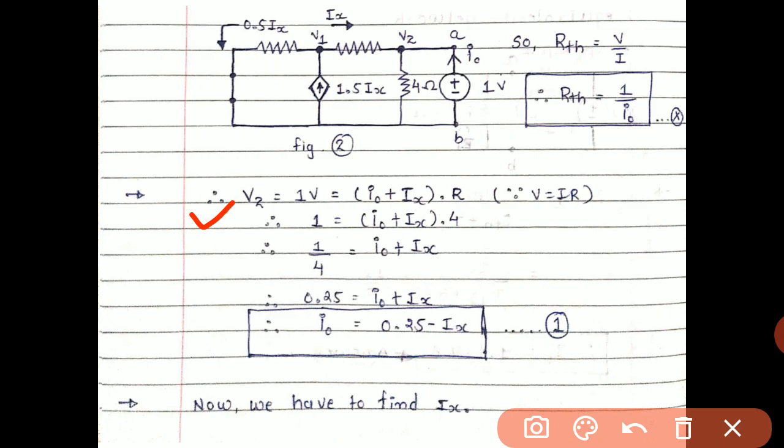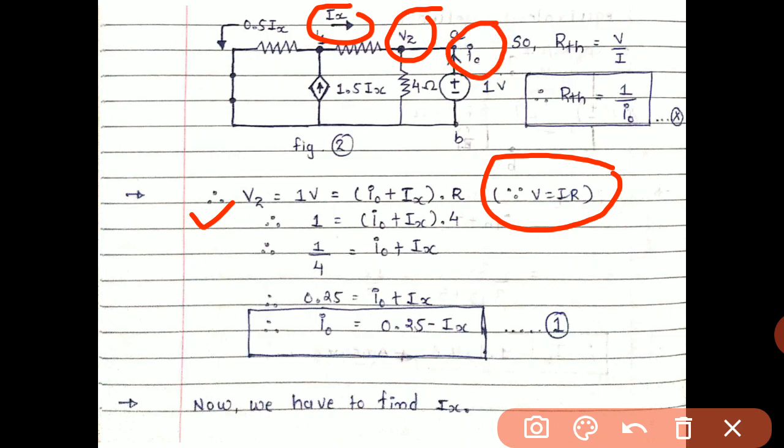At node V2, as per Ohm's law, V equals IR. But what is the value of I? Because Ix is entering here and I0 is also entering at node V2, the current is I0 plus Ix, multiplied by the resistance R, which is given here as 4 ohm.